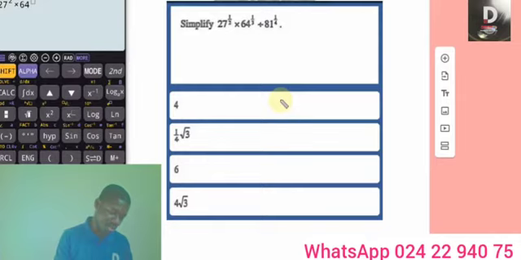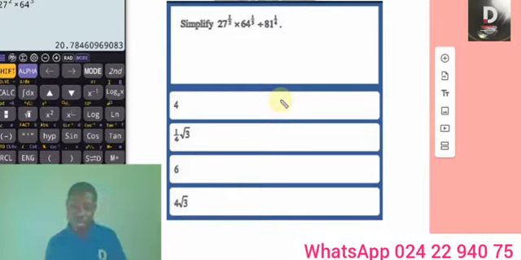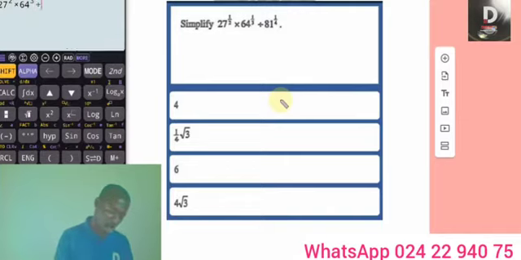Open fraction key. 1/3. Arrow 3. Arrow. I bring my cursor down. Divided by 81 to the power 1/4 fraction. So 1, 4.